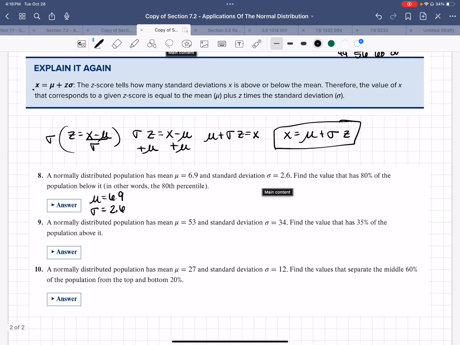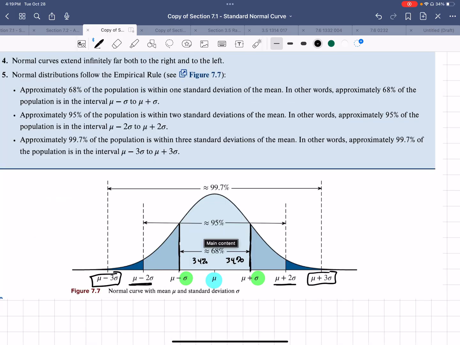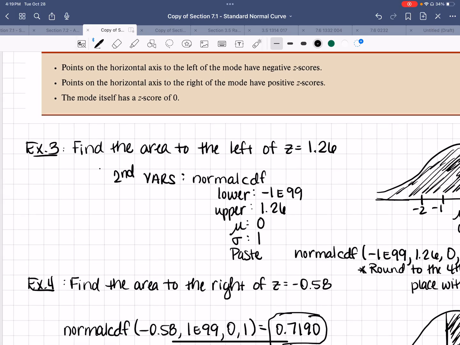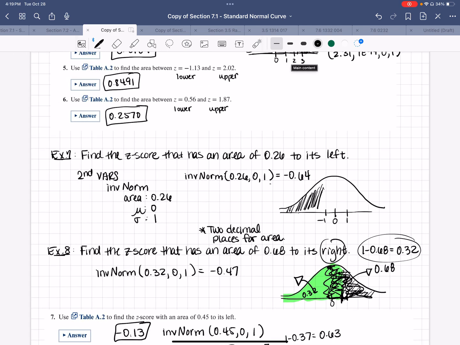So they're wanting to know the exact value. They're not wanting to know the z-score. Before we would find the z-score, back in 7.1, when we were using inverse norm over here, it would tell us, okay, I have an area of 0.26, the mean is 0, the standard deviation is 1, what's that z-score?